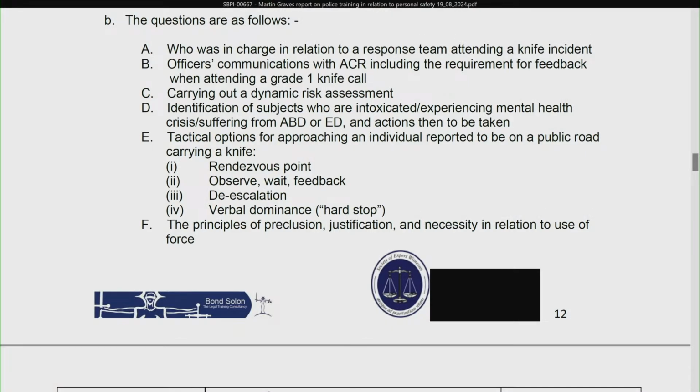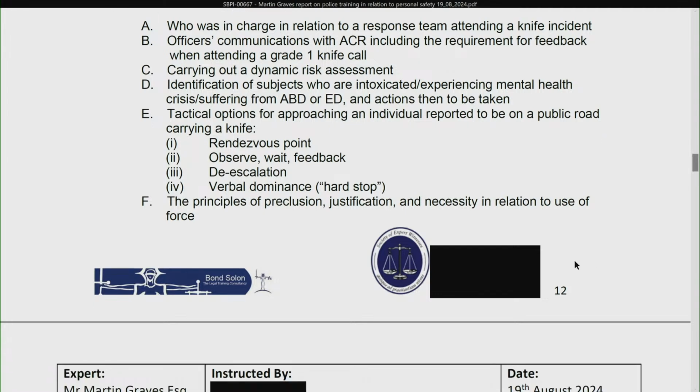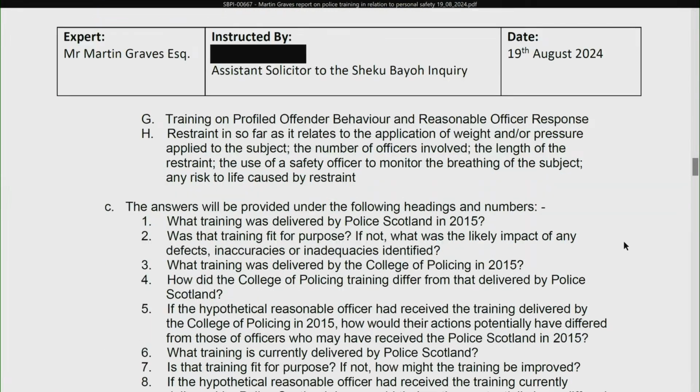A, first of all, who was in charge in relation to a response team attending a knife incident? Now, you deal with this question on pages 13 and 14 of your report, which you have in front of you. And we could move on to 13.